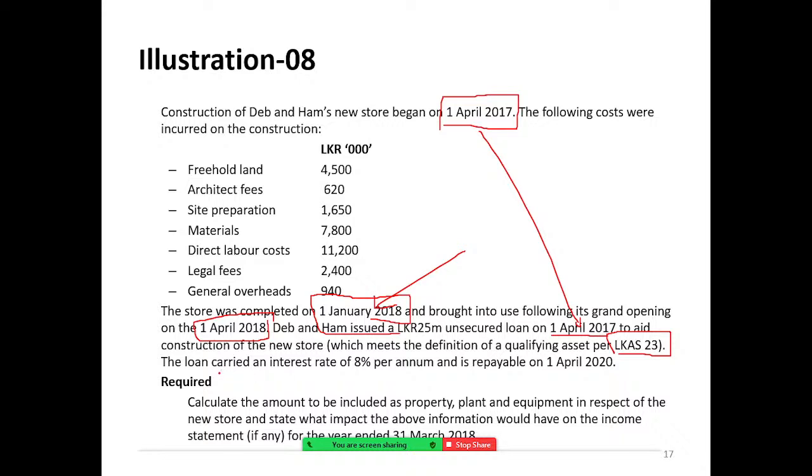The loan carried an interest of 8% per annum and it's repayable on 1st of April 2020.